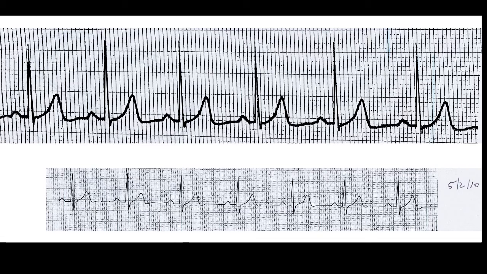You could also take the number of small boxes, and this one's actually enlarged a little bit, but the small boxes, consider those to be a millimeter, even though it's enlarged slightly. It's about 18, and you could divide that, small boxes, into 1,500, and that would give you a rate of about 83. So either answer is correct because 83 is the rate, but 83 is the rate between 75 and 100.